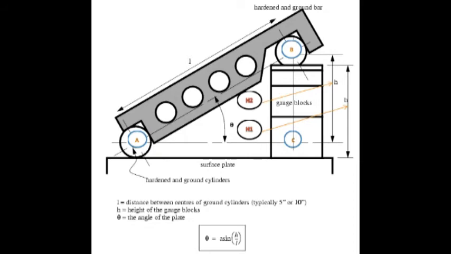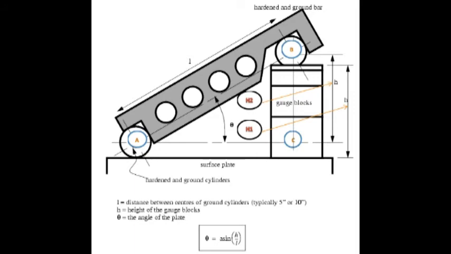Between the two rollers the distance is L, which is the length of the sine bar. The angle is measured with respect to the face plate, which is the datum.